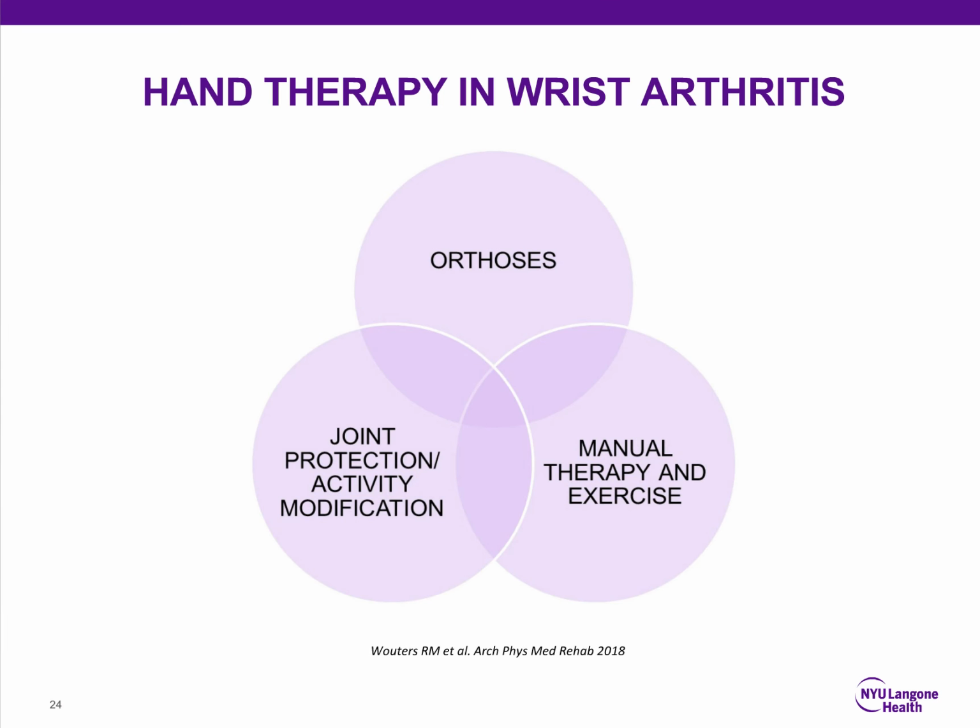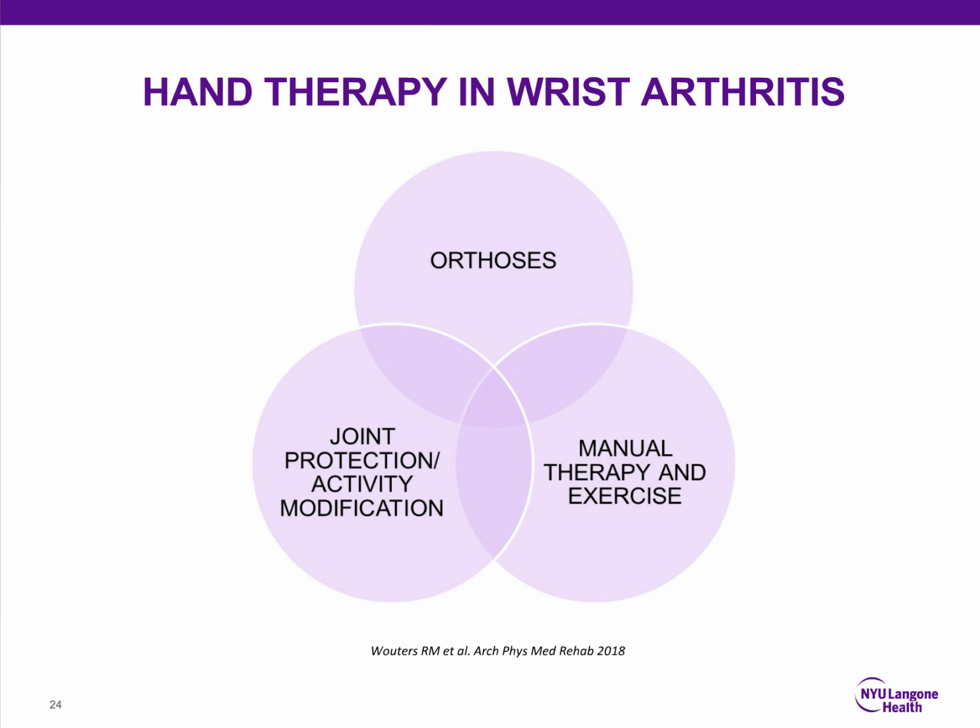Finally, I have only one slide for hand therapy in wrist arthritis. There's not much evidence about therapy for wrist arthritis. The evidence for osteoarthritis is big for the thumb, for the base of the thumb. But for wrist arthritis, there is not much. I would say that our intervention is a combination of orthosis, manual therapy, and exercise.